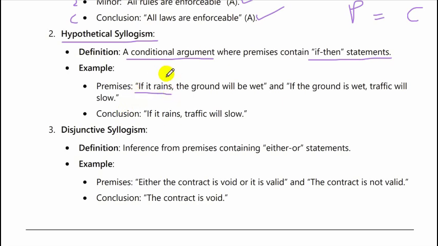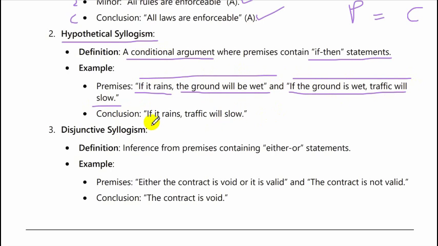It is not raining, but we are saying if it rains, the ground will be wet, or I will carry an umbrella. And if the ground is wet, traffic will slow down, or there will be more traffic. So this is a second example of hypothetical syllogisms. Here we have one premise, second premise, to come to the conclusion: if it rains, traffic will slow down.